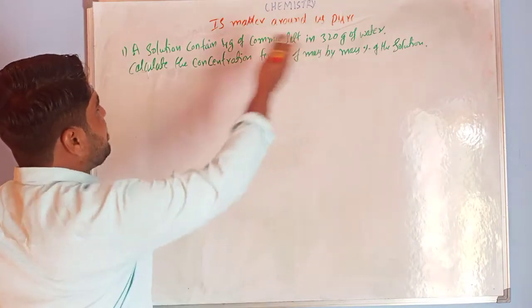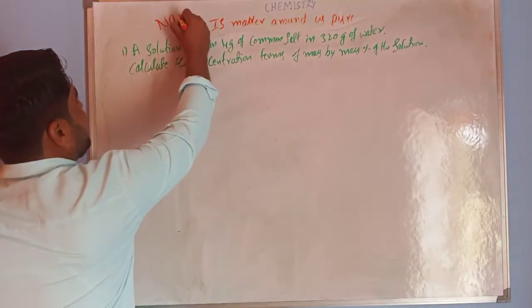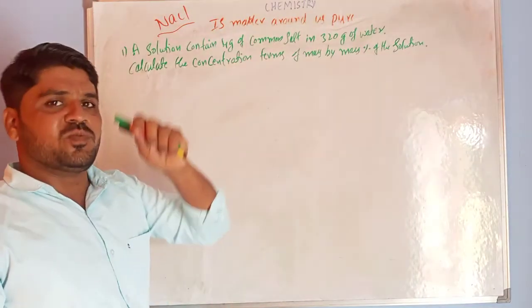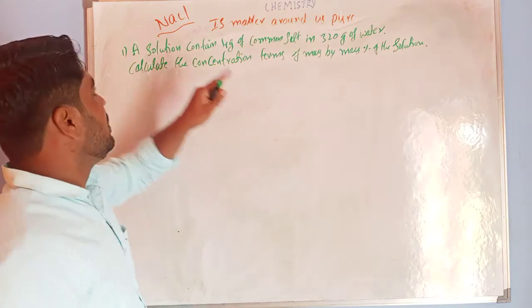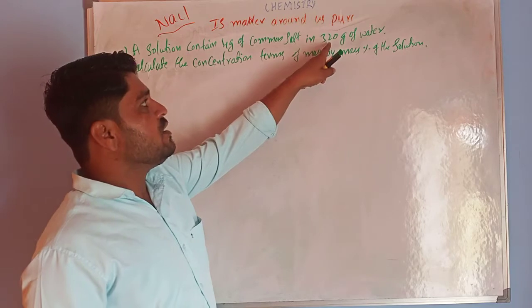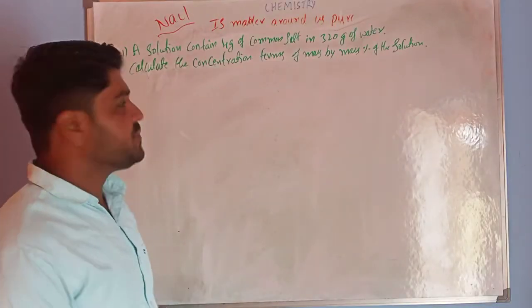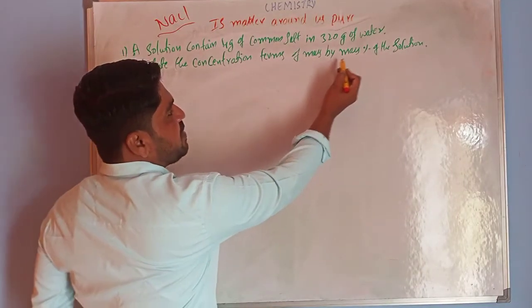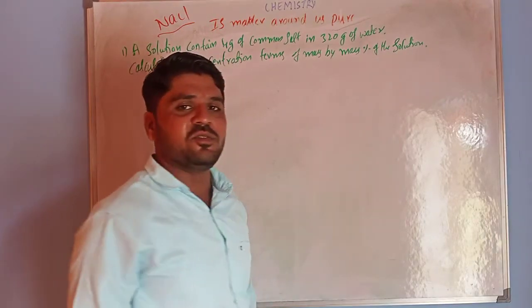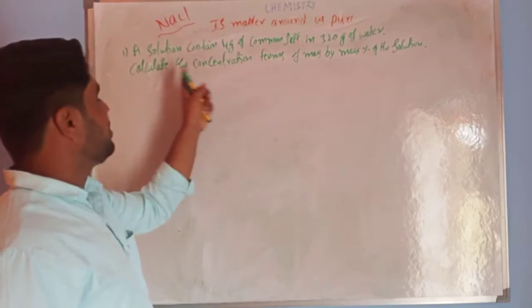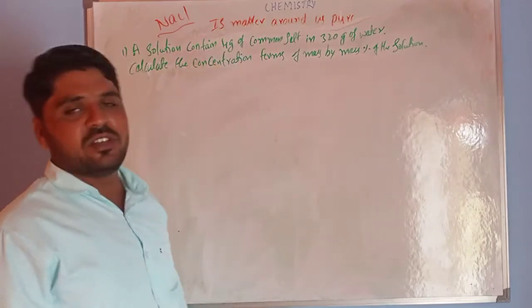That common salt is NaCl, sodium chloride, whatever we use in the homes. So 4 grams of common salt in 320 grams of water. Calculate the concentration term of mass by mass percentage of the solution.